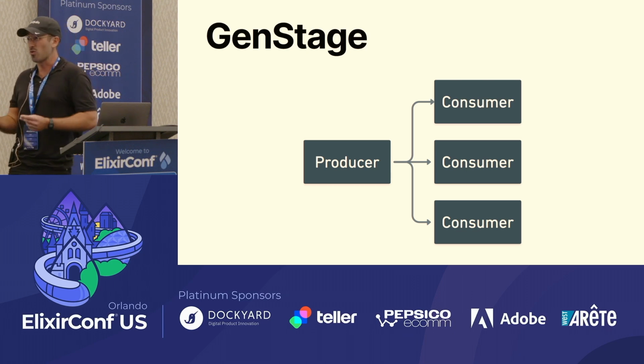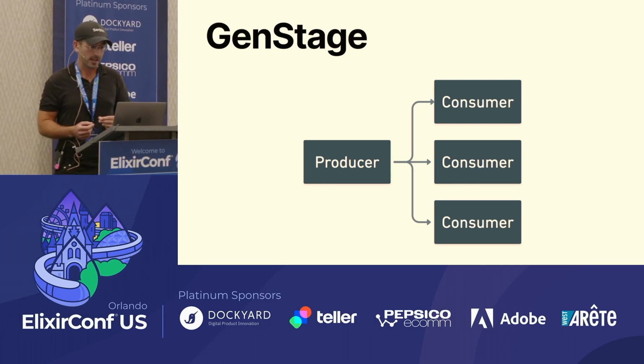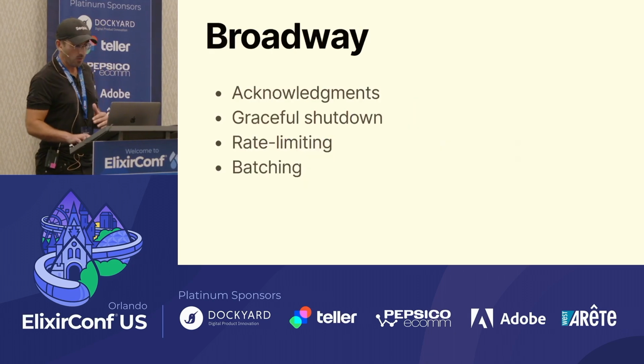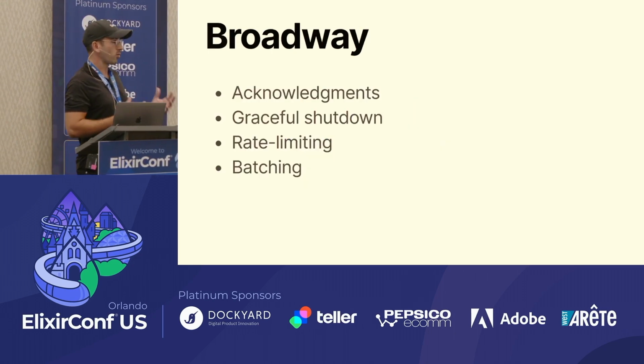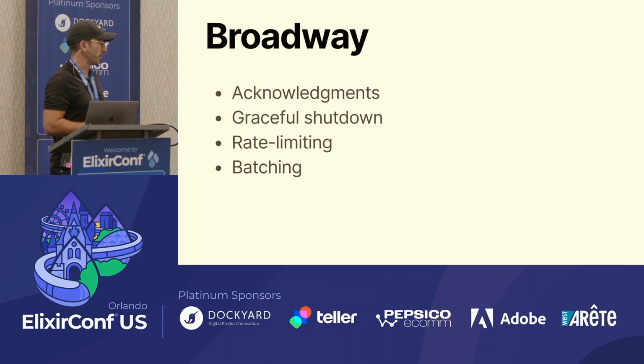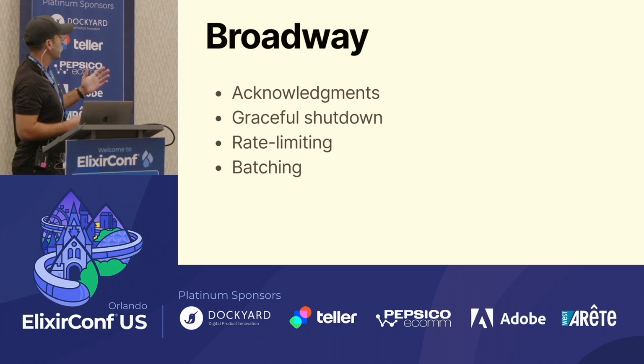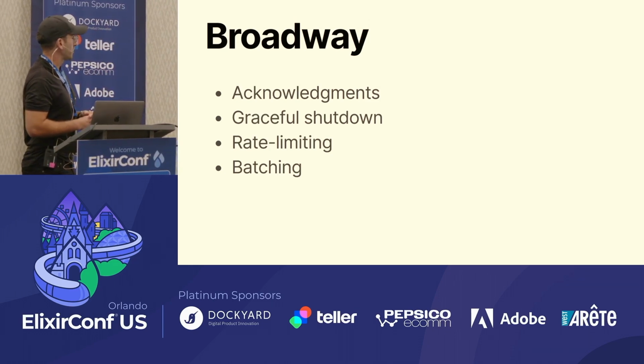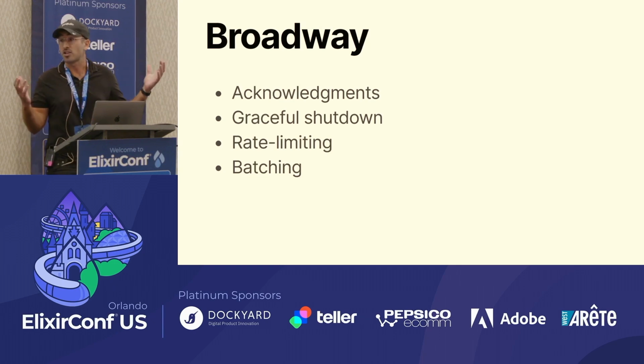So it takes care of all the wiring, which is quite nice. And then Broadway, one layer up, gives us some more nice features that are really good for data pipelines. So things like acknowledgments and graceful shutdowns. We won't have time to talk about batching, but it allows for batching as well.